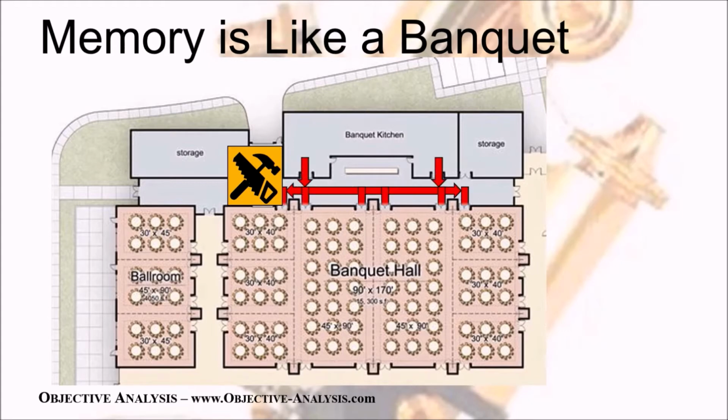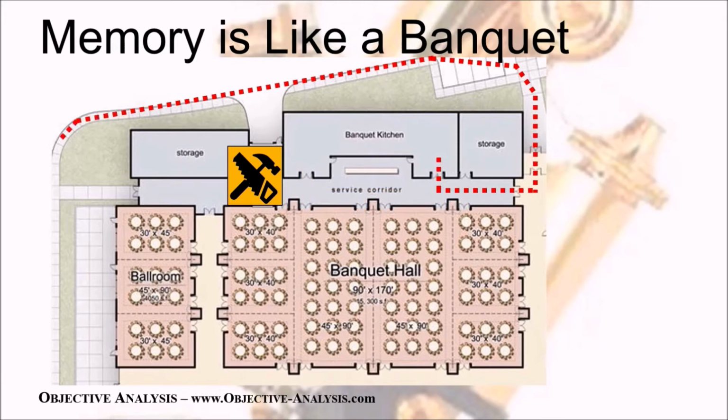The servers can still get food from the kitchen to the people in the banquet hall, but there are nearly 200 people in the ballroom who can't be rapidly served. The servers will need to take an alternate route out the fire exit, through the parking lot, and into another fire exit to the guests. This is slow, and the food is very likely to be cold by the time it arrives. This is similar to using PCIe to load the GPU's memory.